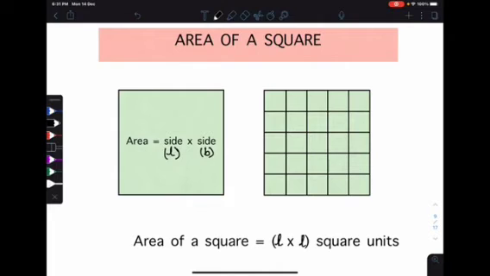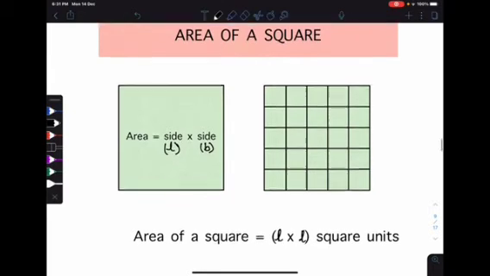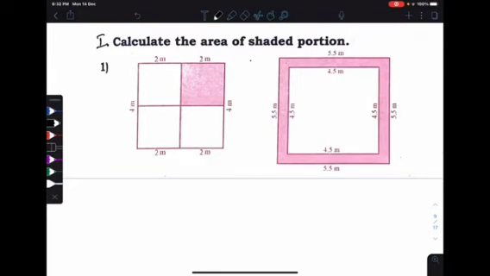Though we consider the same formula for the area of a square or rectangle, since all the sides are equal, we can consider it as side into side. So area of a square is equal to L into L square units. Now we'll try to solve a few problems for better understanding.